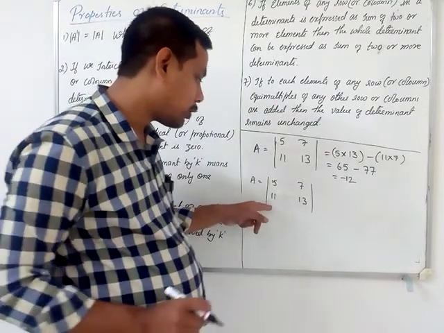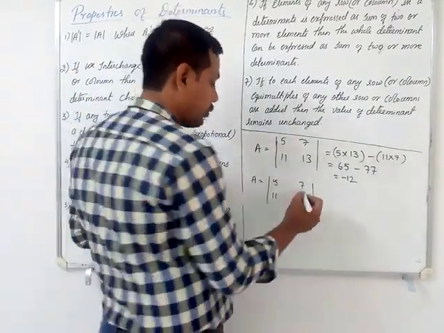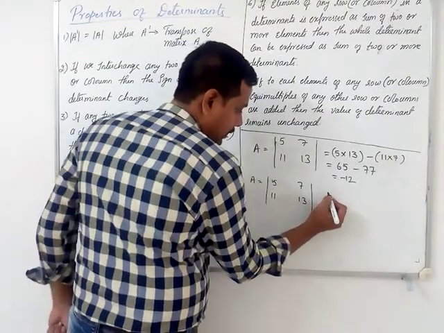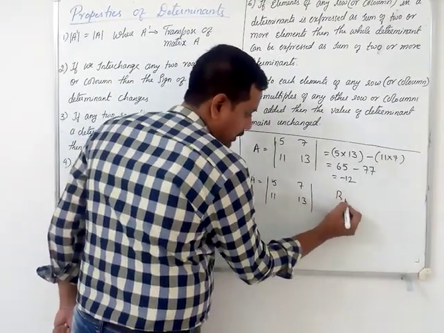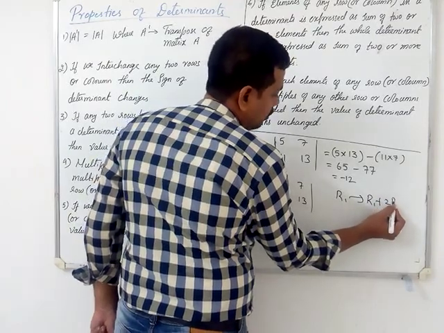Now I am multiplying 2 to this and adding it to the first row. So R1 changes to R1 plus 2R2.